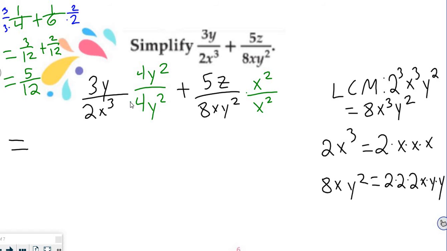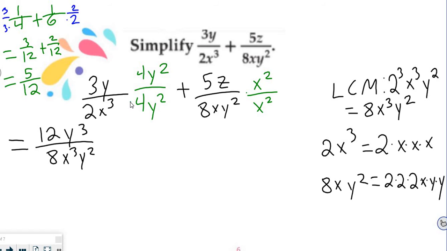So then when we multiply fractions, how do we multiply? Straight across. Good. So 3 times 4 gives us 12, and then I have y to the third, right? And then 2 times 4 gives us 8, x cubed, y squared. Now, whatever's in my denominator should be my least common multiple.